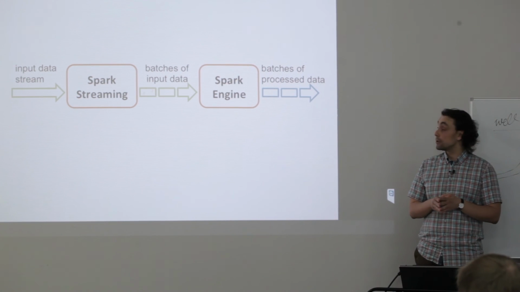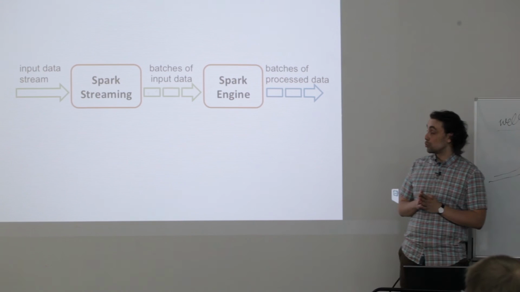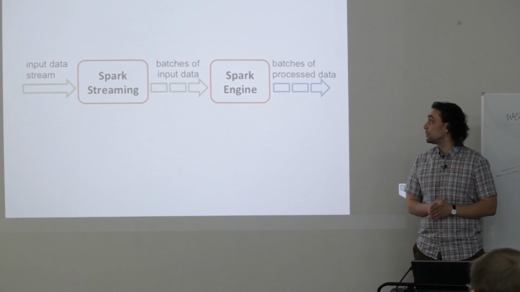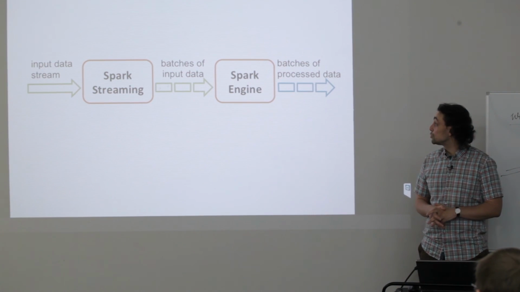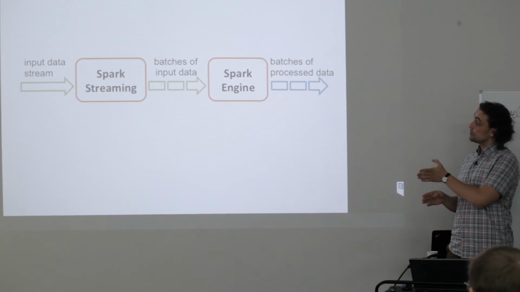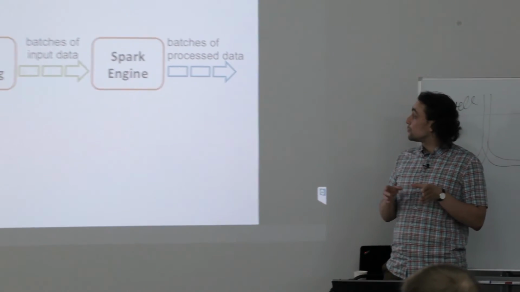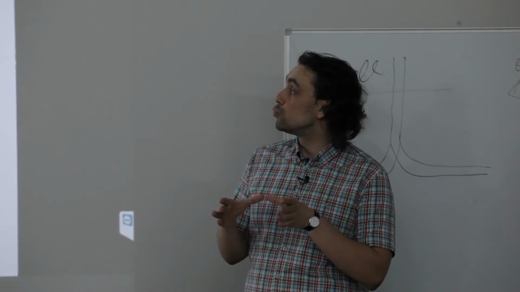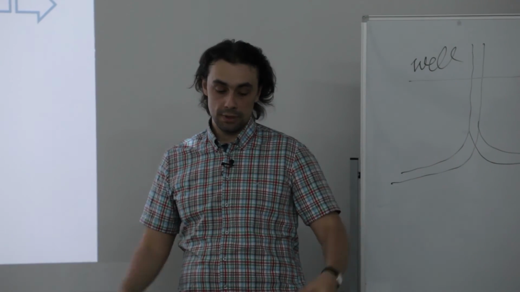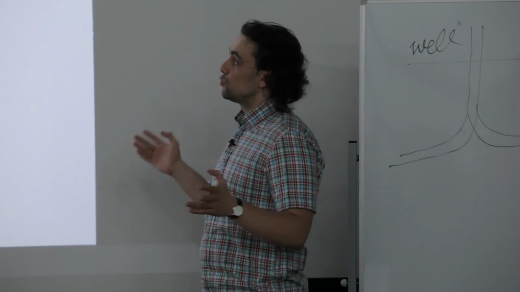These blocks we organize in batches, and then these batches go through the Spark processing engine, and we process each batch. For example, when we decide that we want to run our computation after each second, that means our batch will consist of information collected during this one second.